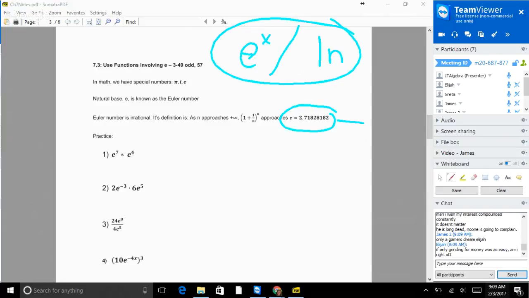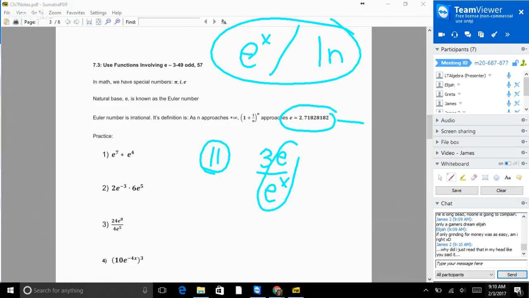And it's actually not so bad because we're going to use all of the same rules that we know for exponents to deal with E. So for example, if I have number 11 in your homework, and I have 3e divided by e to the x power, and I want to simplify that, then I'm going to have to figure out, okay, I've got an e and an e to the x power.